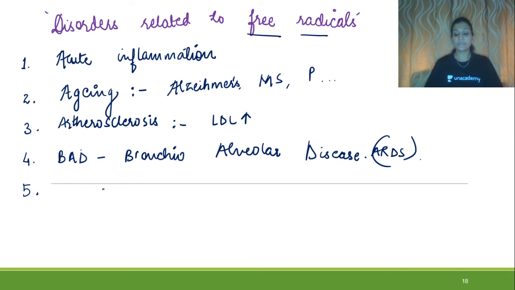Then cancers, yes, cancers. Then sixth, cataracts are also linked with free radicals. So retinal injury of prematurity: when free oxygen is given to a premature infant, it causes 100% damage to the retina. So cataracts.